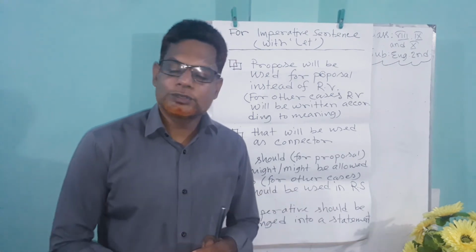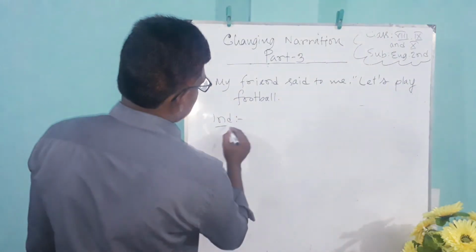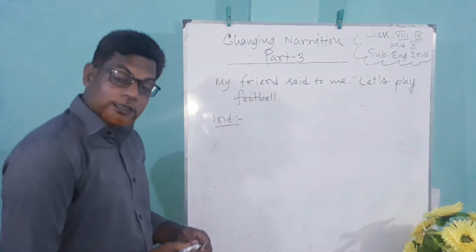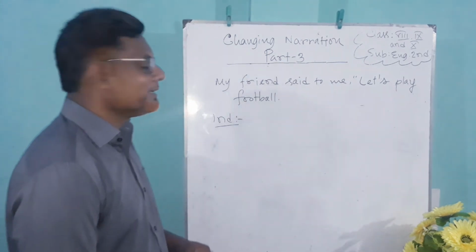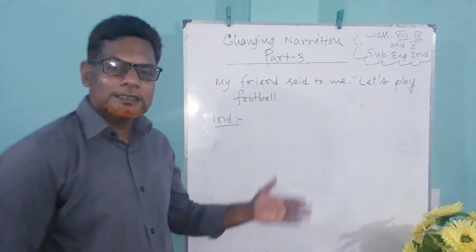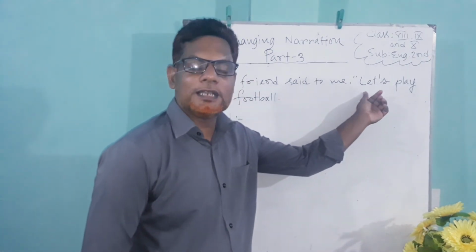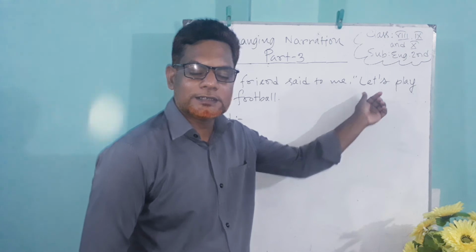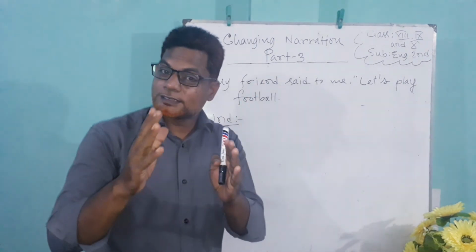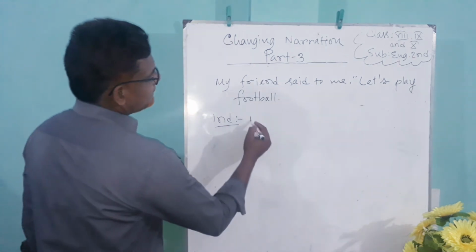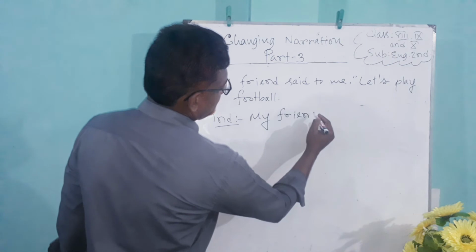Now we will show you with an example. Dear students, look at another example. My friend said to me, "Let's play football." You can see the sentence of the reported speech is imperative with let, because let has been used in this sentence. Now how can we change the direct narration to indirect? First of all, we write the subject of the reporting verb, which is my friend. It will remain as it is.